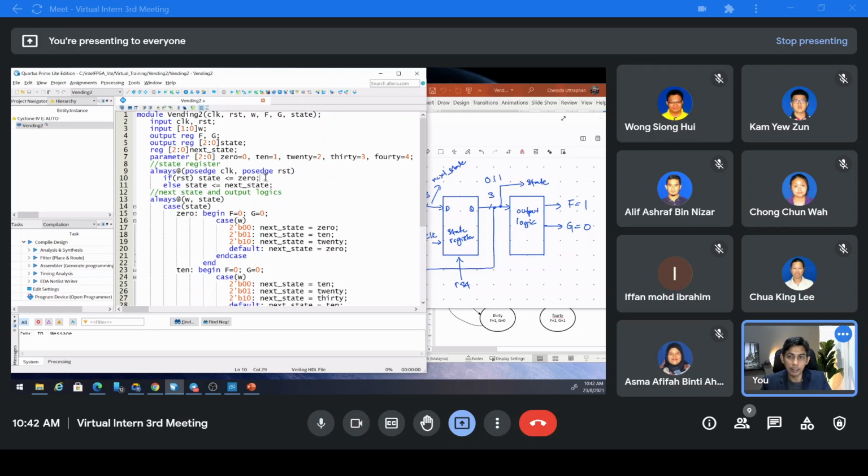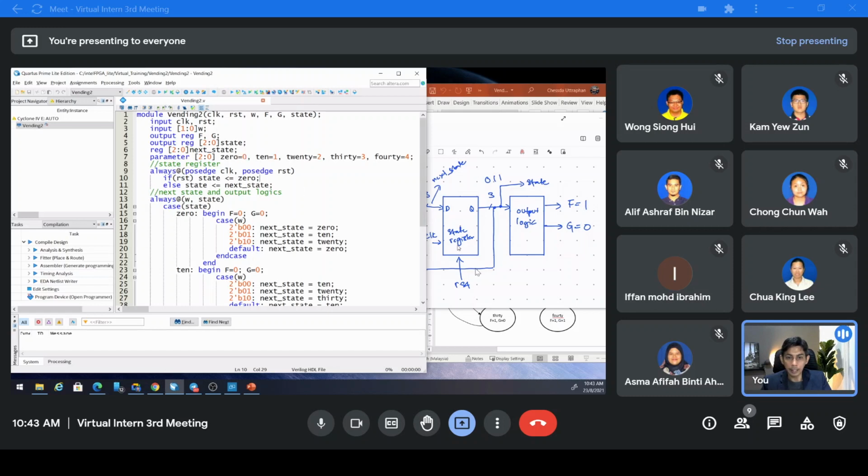Asynchronous means that it is not reset at the edge, but the reset refers to the level, meaning that whenever the signal is 1, the flip-flop will reset. So the code: if reset equal to 1, the output here, the name is state, will be equal to 0, in this case 0, 0, 0.